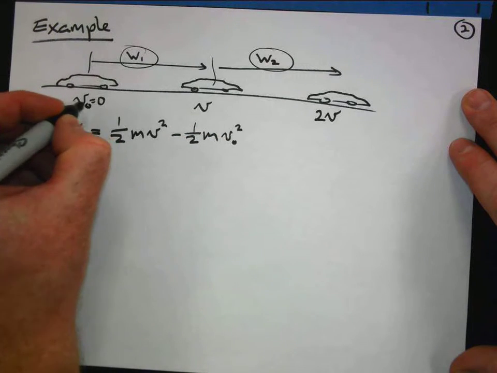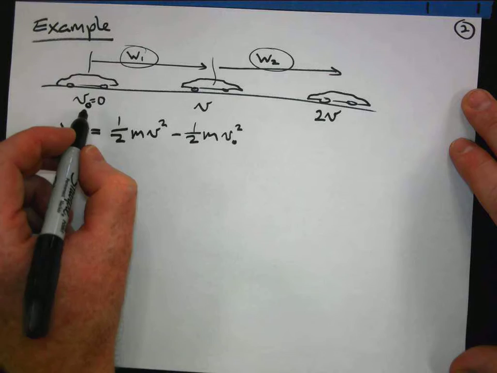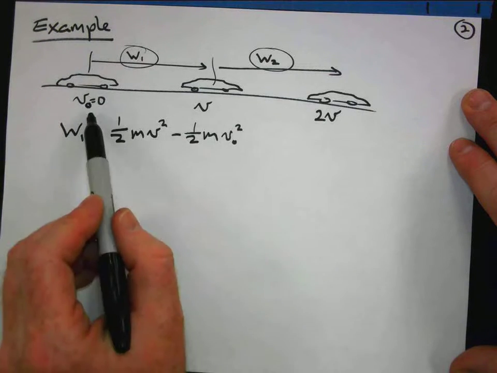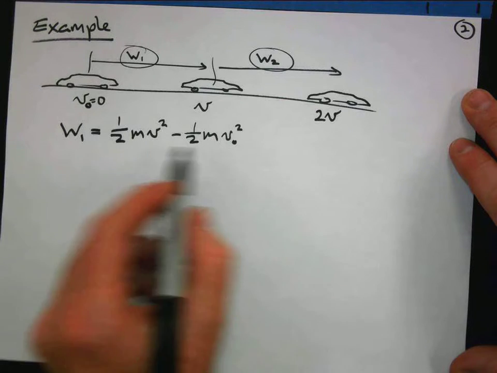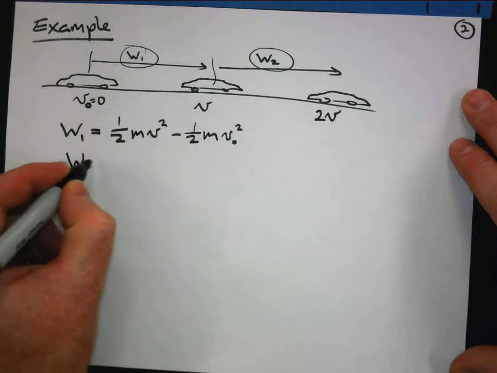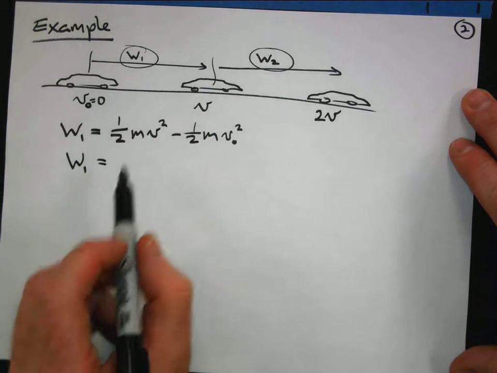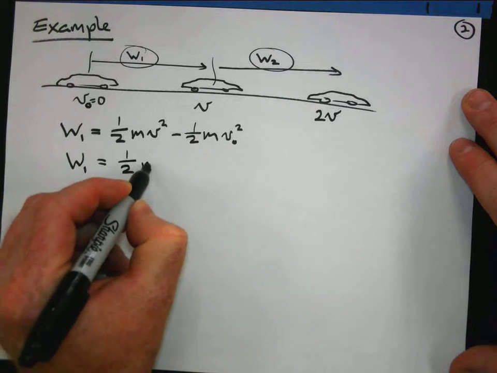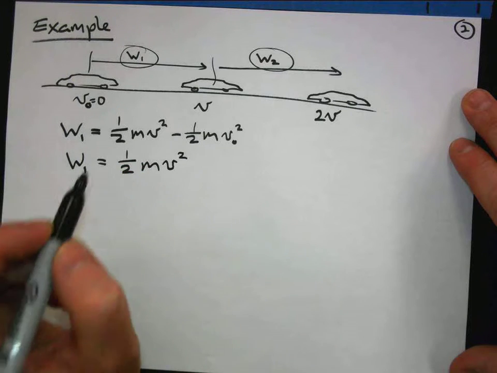I should have 0 here, though. That is my initial velocity that I'm dealing with. And so look what's going on. The initial velocity is 0, so I'm taking nothing away. So the work 1, this first amount of work we did, will have a value equal to 1/2 mv squared.